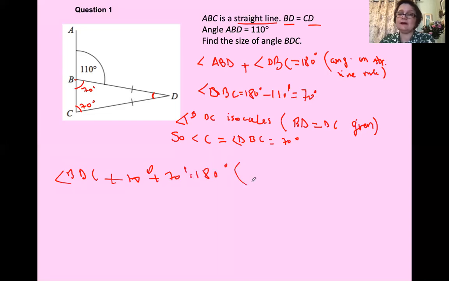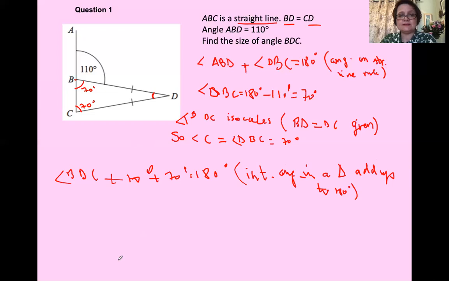And in brackets, write the rule, interior angles in a triangle add up to 180 degrees. And this is another rule that you must write down, must reason.